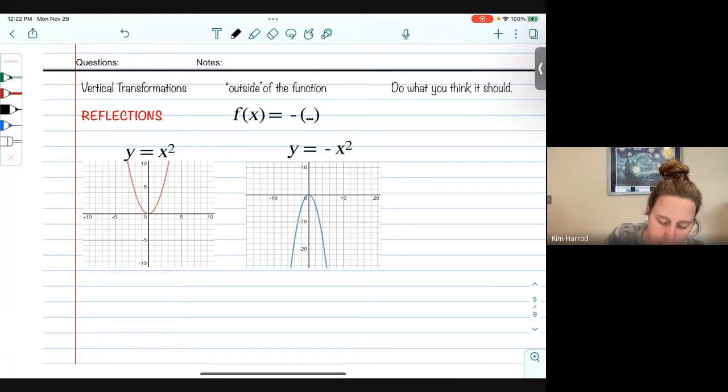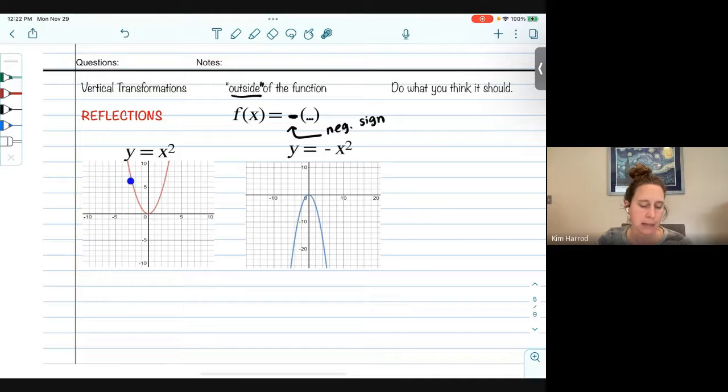It is also happening on the outside of the function. And the thing that makes a graph reflect is a negative sign. So when we see a negative sign outside of the function, what action that takes with the graph itself is, as we talked about in Unit 2, it takes an upward facing parabola and turns it into a downward facing parabola.